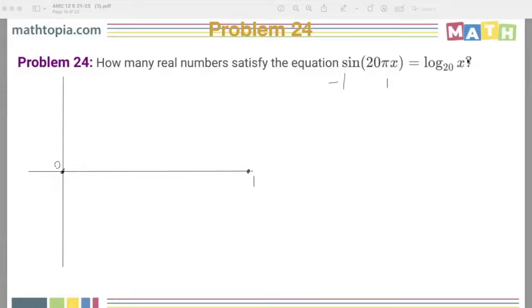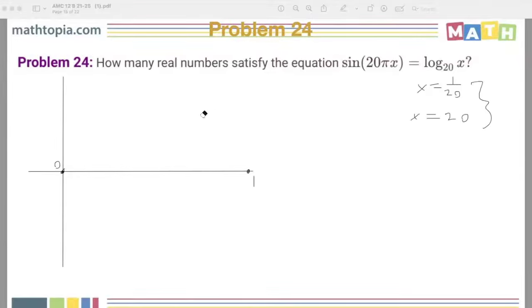So the only time the log function is really going to intersect with the sine function is between when it outputs -1 and 1. When does this function output -1? That's when x equals 1 over 20, and it outputs 1 when x equals 20. So every single solution to this equation has to be between these two values.